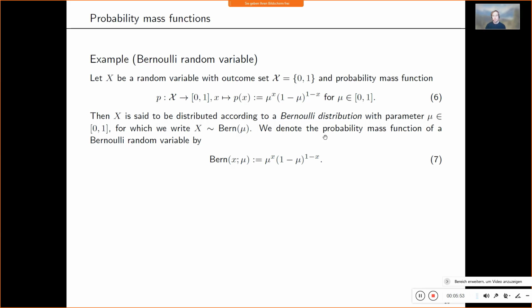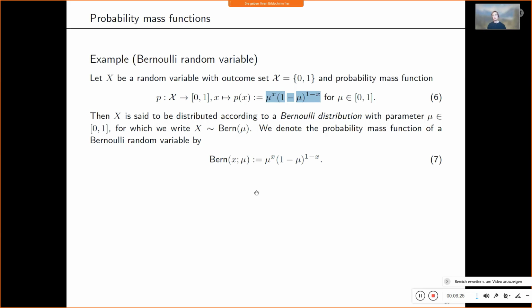This is notation we will see throughout the course. The probability mass function of a Bernoulli random variable we abbreviate by making the argument explicit, then a semicolon, then the parameter. This is just a short notation for this expression.